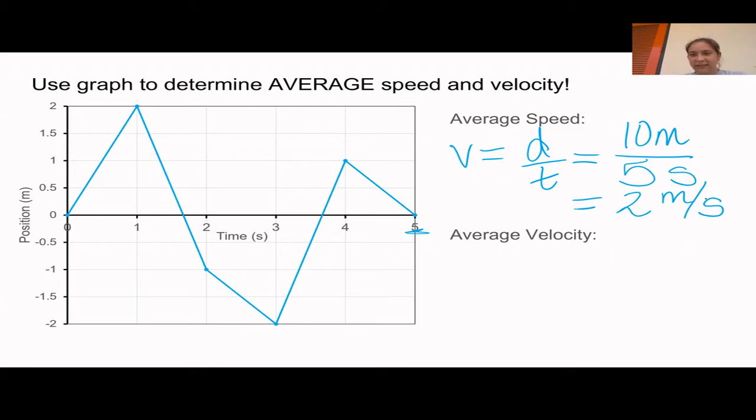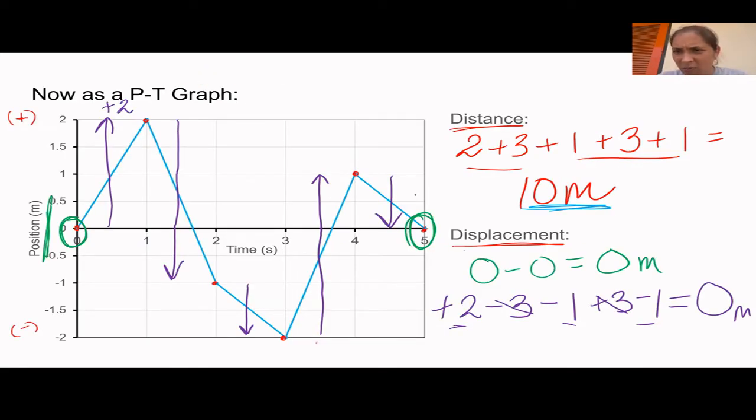All right, now average velocity. For velocity, we really care about that direction. And so we need to do those positives and negatives, or we need to look at our start and our end. And lo and behold, our displacement was 0 right here.